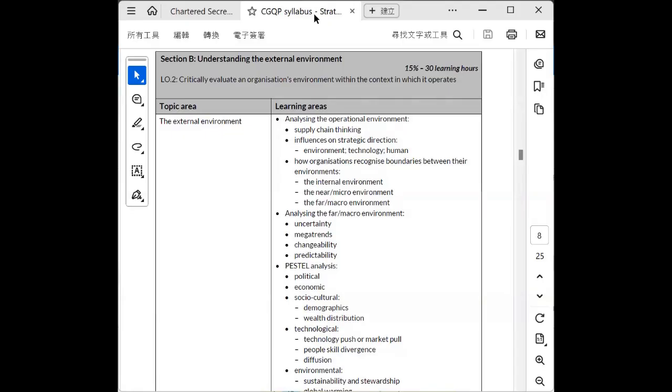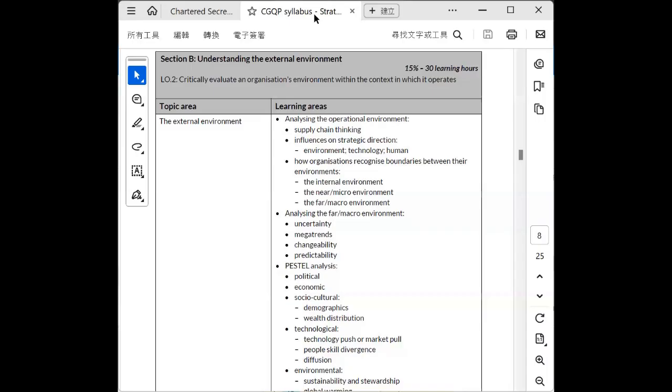These elements shape the market conditions, consumer behaviors, regulatory frameworks, and technological advancements, all of which can either present opportunities or pose threats to the company. So when you are asked to critically evaluate the company's environment, you need to scan the environment, analyze these external factors and understand the potential impact of these factors on the company.